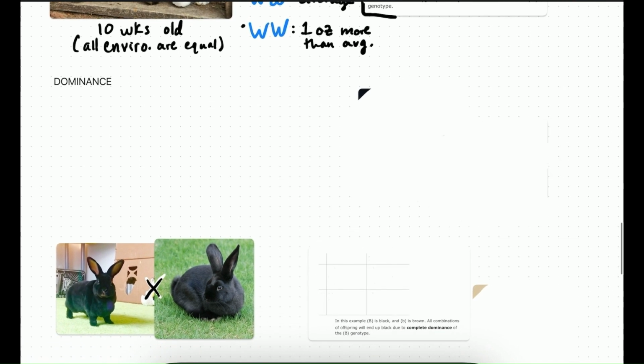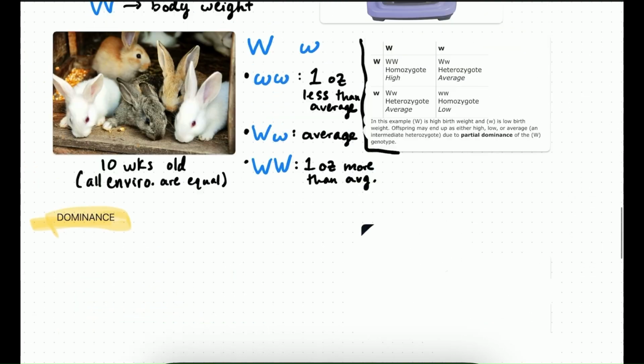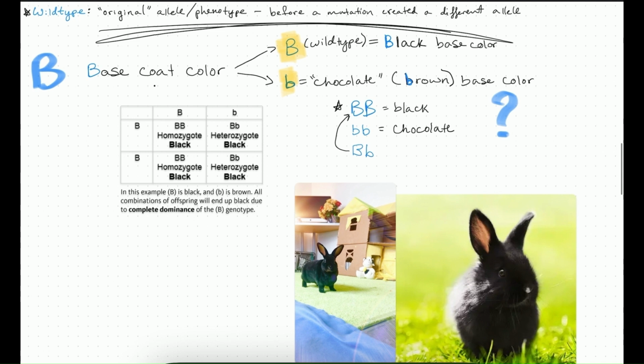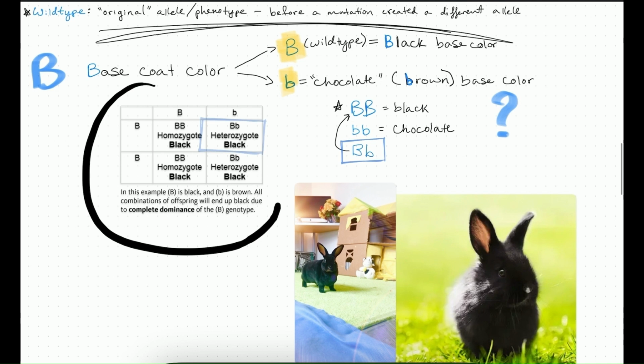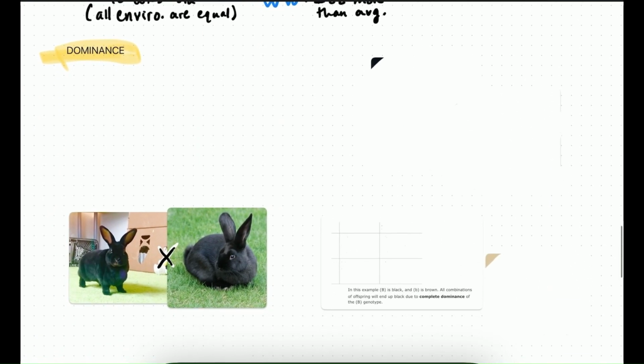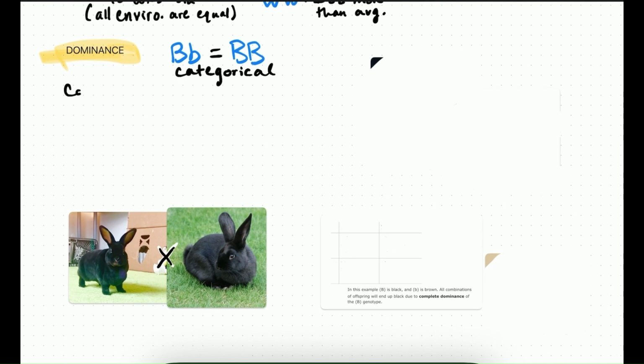So dominance. We've seen a bit about dominant recessive allele relationships and how they operate in this previous example with the B gene, right? That was an example of complete dominance, where the heterozygote, aka the big B, little b, has the same phenotype as the homozygous dominant allele genotype, big B, big B. We can fairly easily observe dominance in qualitative traits, which tend to be categorical, unlike quantitative traits, right?